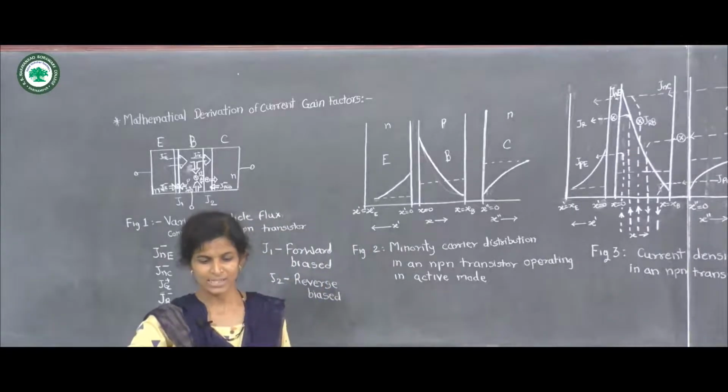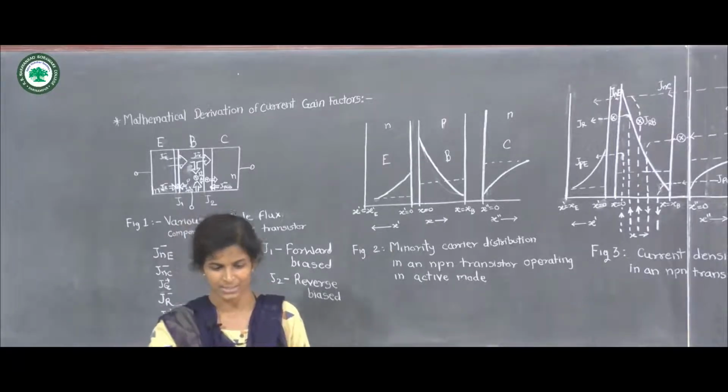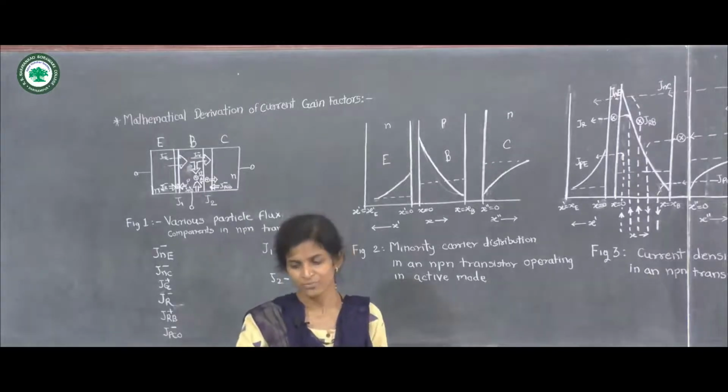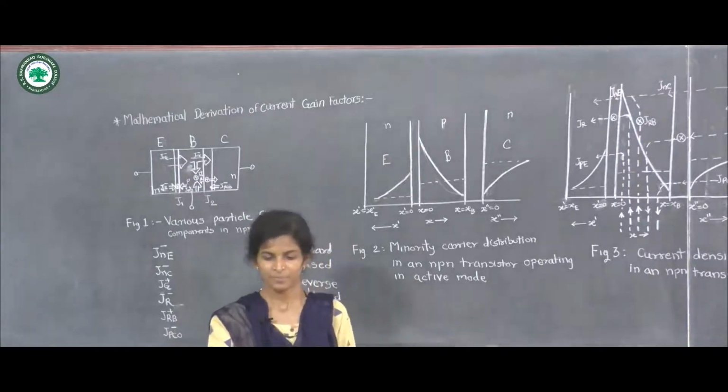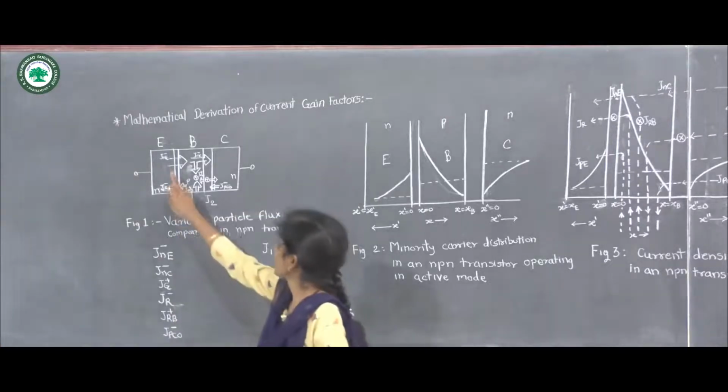So we have already discussed the number of factors, that is particle flux. The electron flux which is injected from the emitter into the base is given by JNE plus.